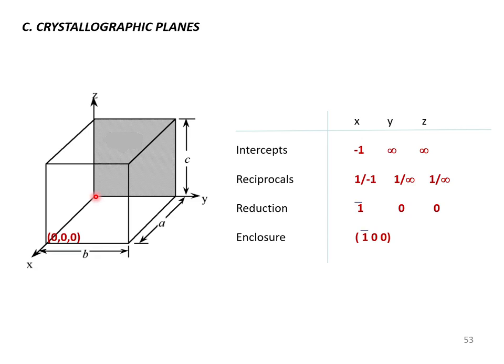The intercept for y touches all along here, so it is infinite. For z, it touches along here, so it's infinite. So -1 over -1, 1 over infinite, and 1 over infinite, so you get -1 0 0. In this enclosure we have to make a bar to show the negative value. You cannot put a negative in this bracket, so you have to put 1 bar 0 0.